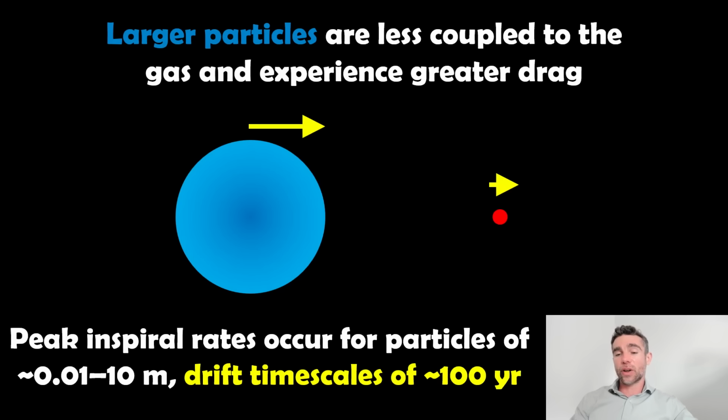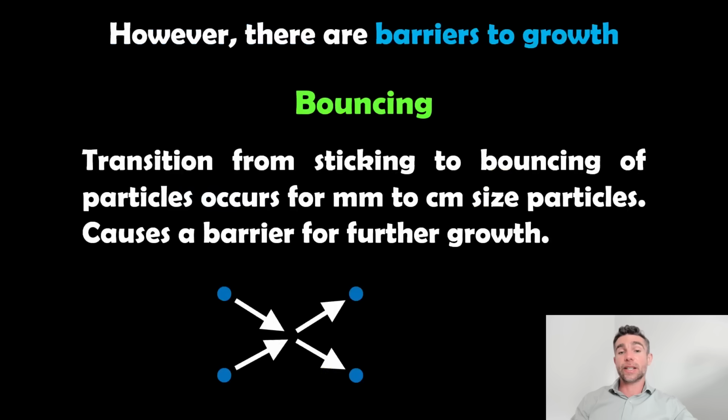We know this is occurring because they're moving in these gas disks. But whilst all that's occurring and they're growing at the same time, they're going to hit a couple of barriers. The first one is the bouncing barrier. They're transitioning from sticking to each other. You've got all these particles in the disk and they're colliding. At the very small scale, they're moving due to Brownian motion.